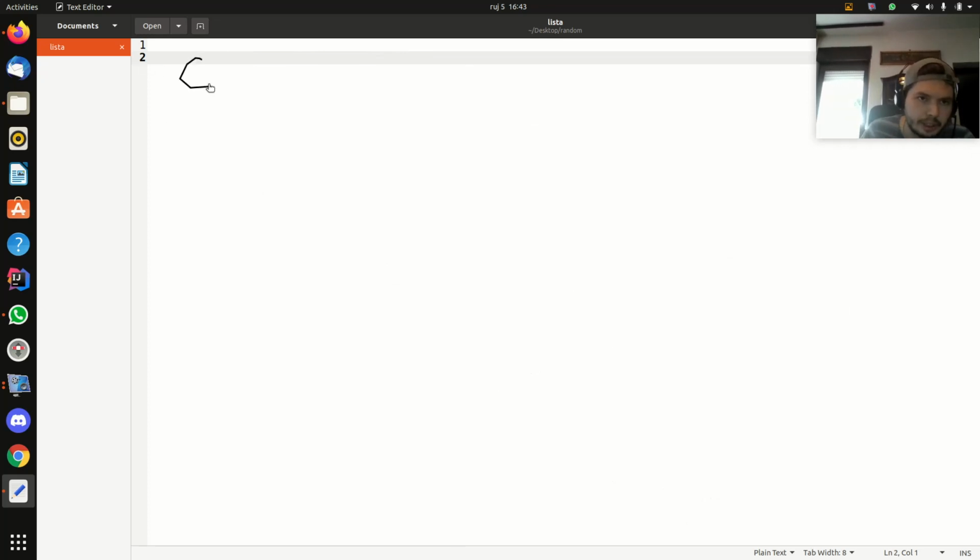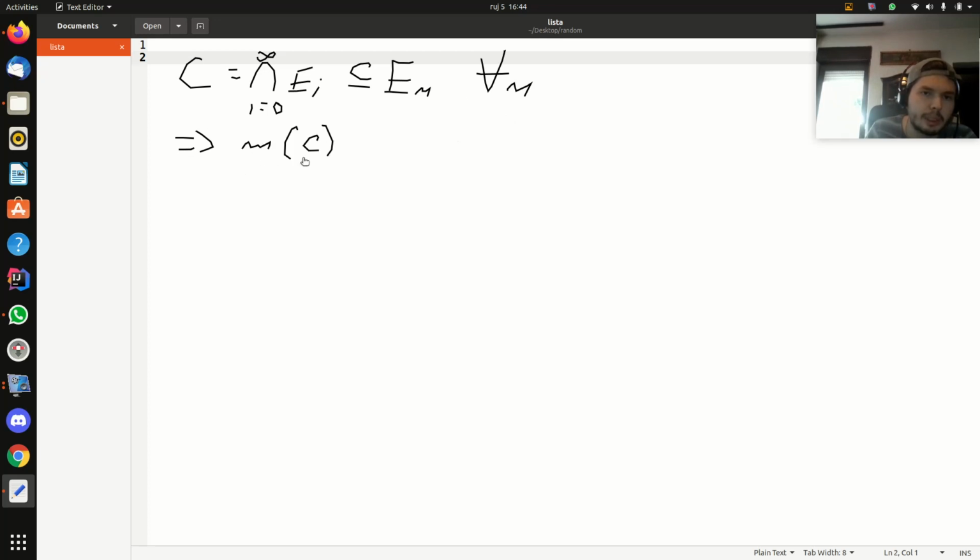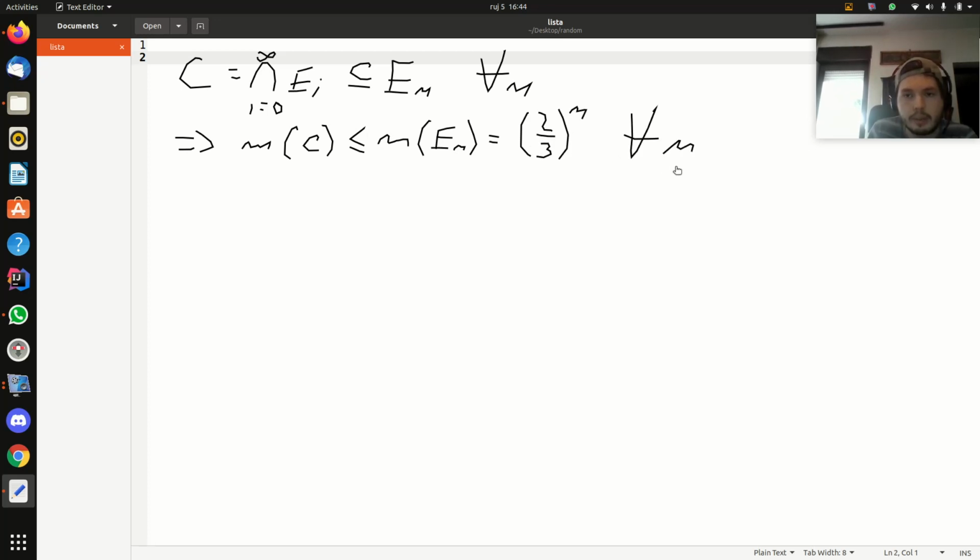and the Cantor set, as these sets are nested and as this is the intersection of all the E_n's, is going to be a subset of E_n, in particular for all n. In particular, that's going to mean, and this is due to subadditivity, that the measure of the Cantor set is less than the measure of E_n, which is, as we've calculated now, (2/3)^n. And this holds for all n.